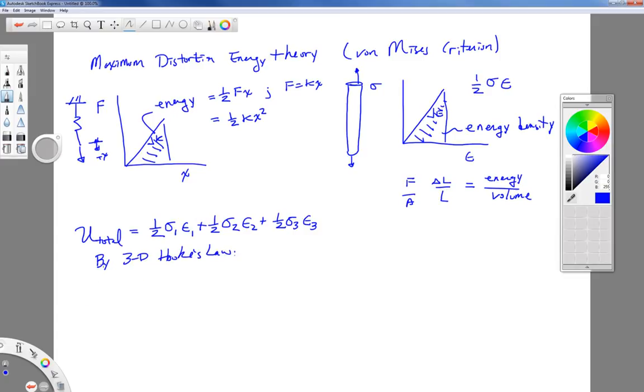I can rewrite this energy density term in terms of only stresses as this.